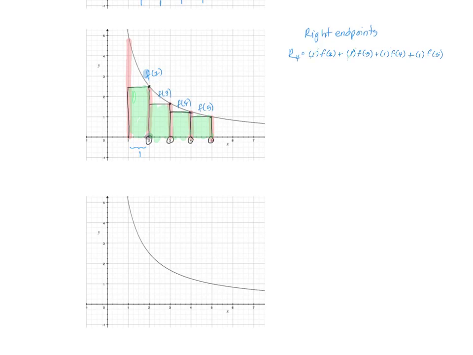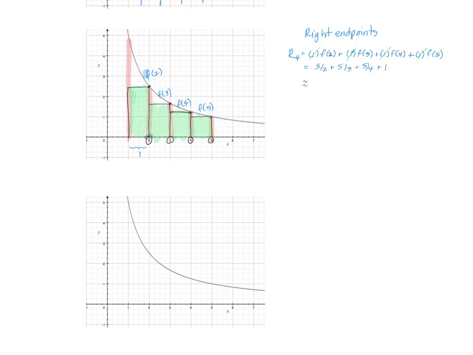Now 1 times anything, again, I don't need that. So this total area is going to be f of 2, which is 5/2, plus f of 3, which is 5/3, f of 4, which is 5/4, and then 5/5 is just 1.